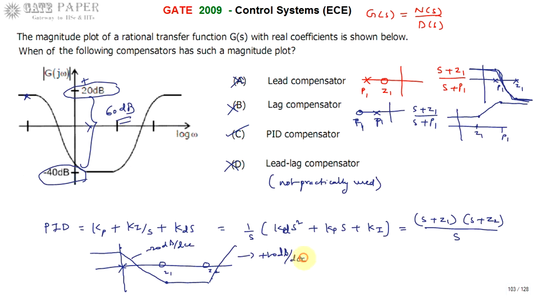So don't confuse slope with values, because there may be a difference of 3 decades between this point and this point, and again 3 decades between this point and this point. If 3 decades give a 60 decibel change, then 1 decade gives only a 20 decibel change. So don't bother about the values; only the shape of the magnitude plot is important.